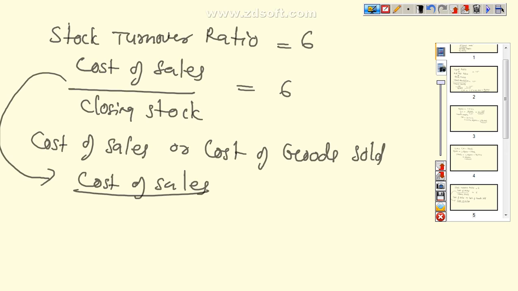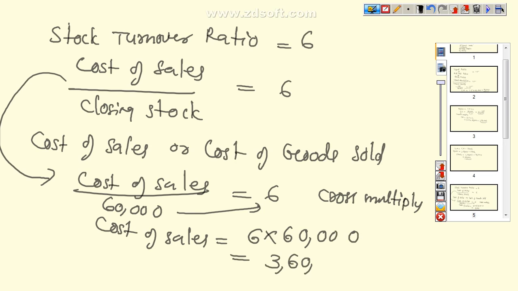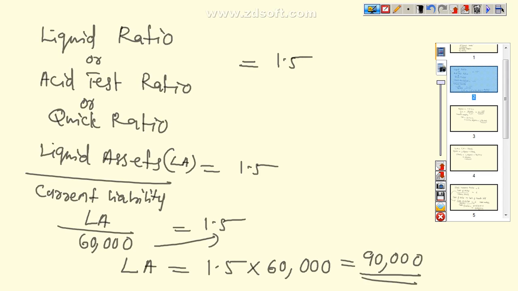So cost of sale upon 60,000 is equal to 6. Now we cross multiply and calculate the value of cost of sale. Cost of sale is equal to 6 into 60,000, that is equal to 3,60,000.